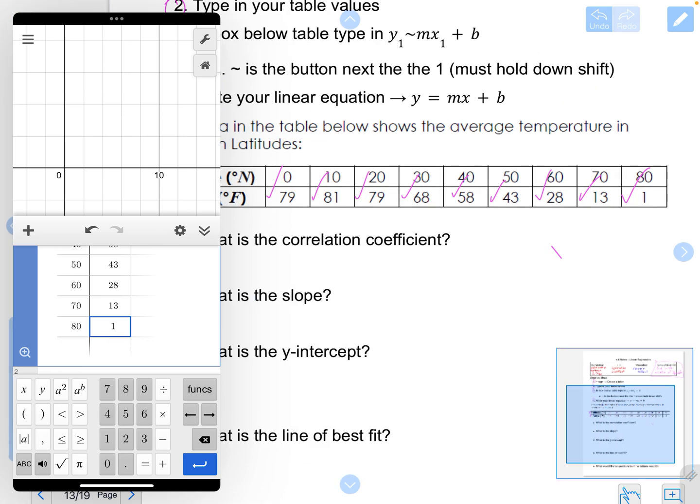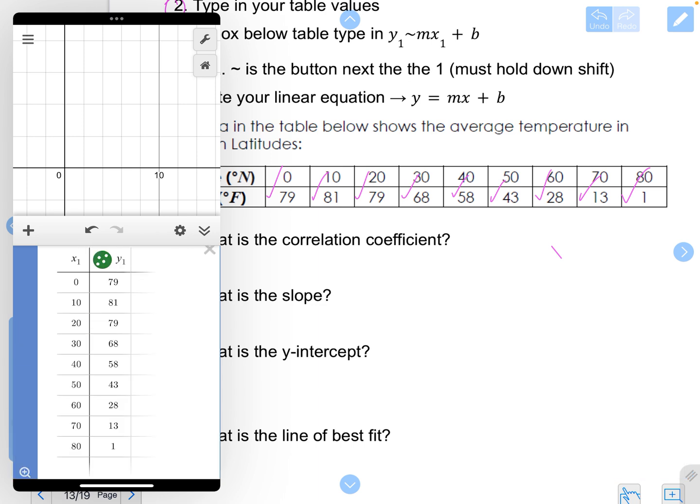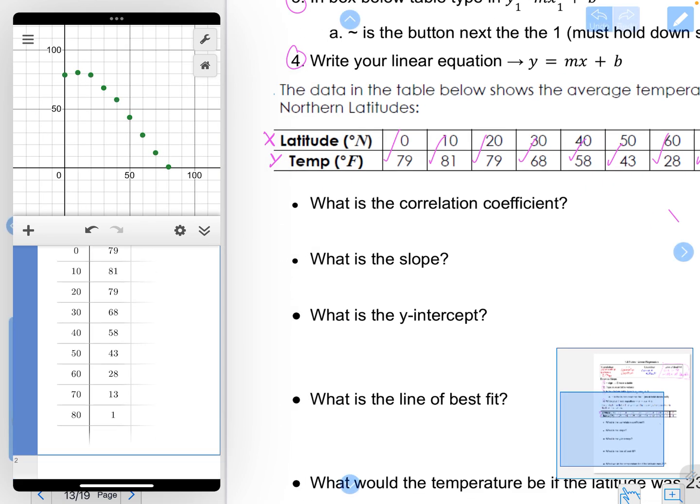It's really, really important to make sure that you have all of the exact numbers put in. If you don't, it's going to make things a little bit different and a little bit wrong. So make sure you hit that plus sign so you can zoom in on your data.